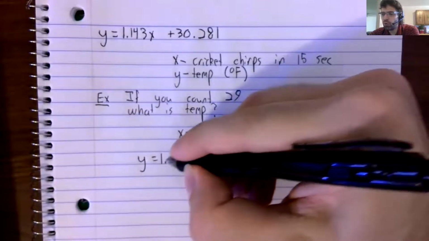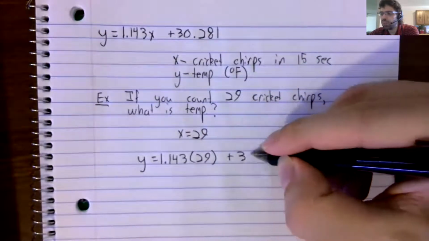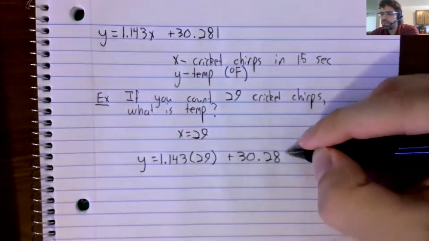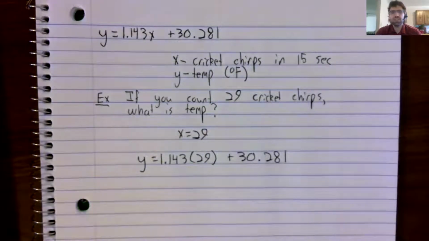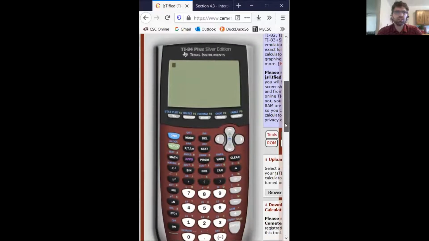And now we have a formula. We can stick that 29 into it. So let's go to our calculator real quick. 1.143 times 29 plus 30.281.